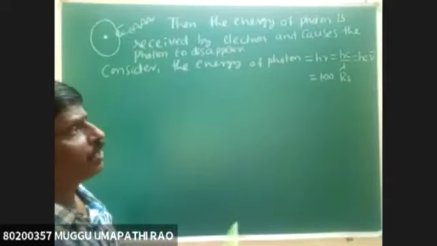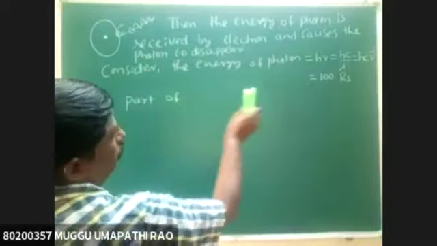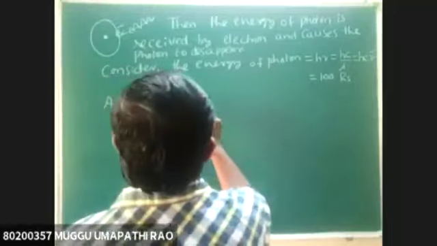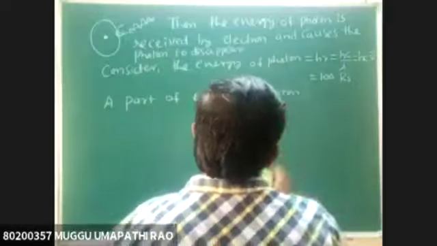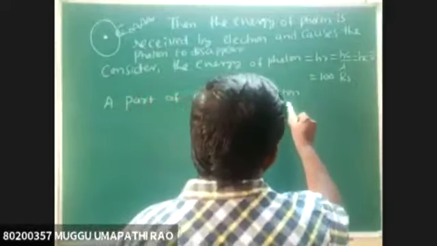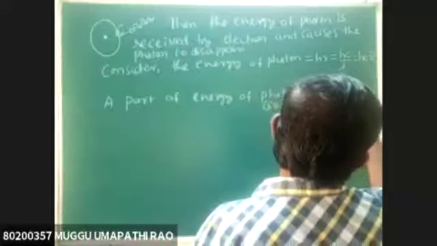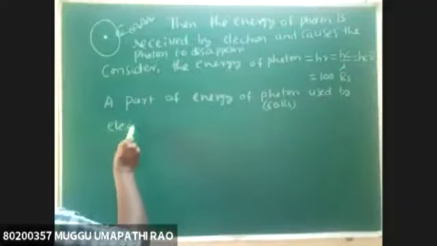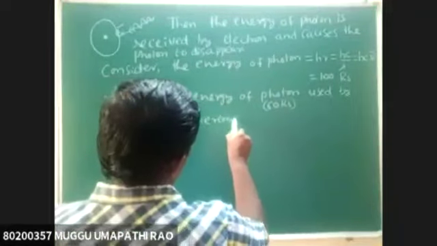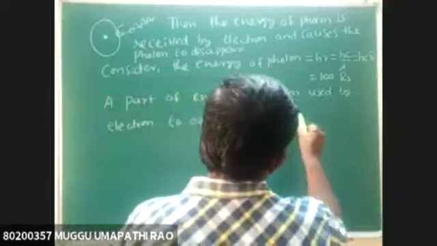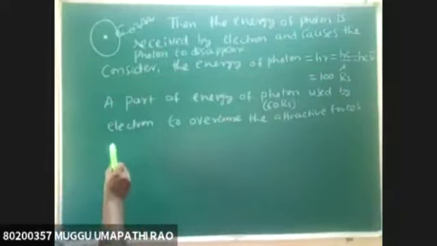Now how does the electron use that energy? Let us see. A part of the energy of the photon, for the discussion, I am saying 60 rupees, is used by the electron to overcome the attractive forces with the nucleus.